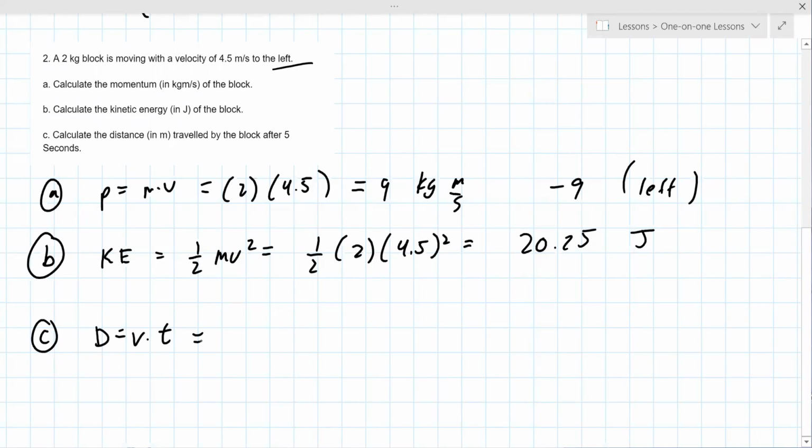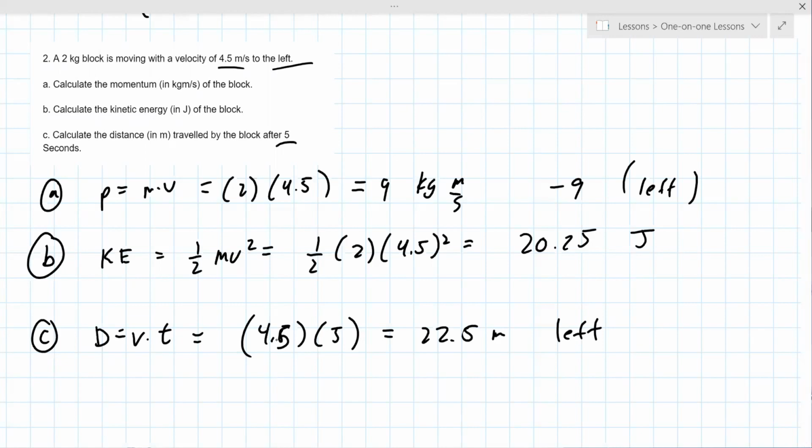We have time, 5 seconds. 4.5 times 5. So that's 22.5 meters left.